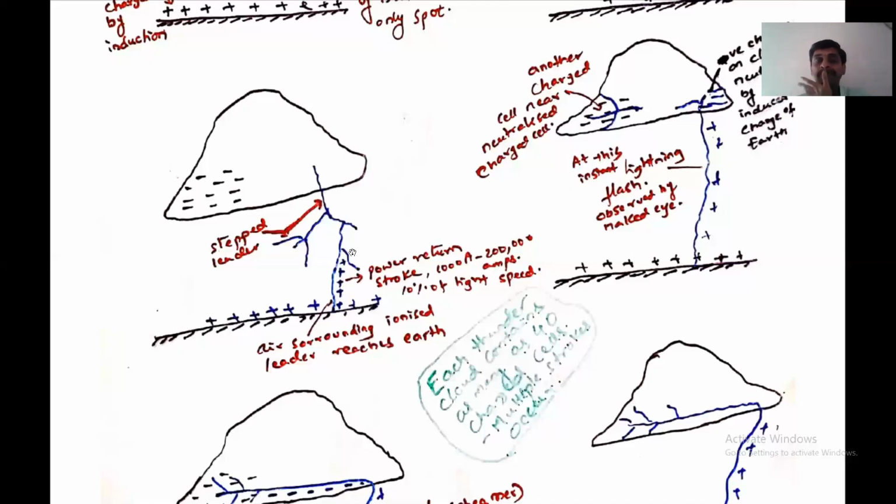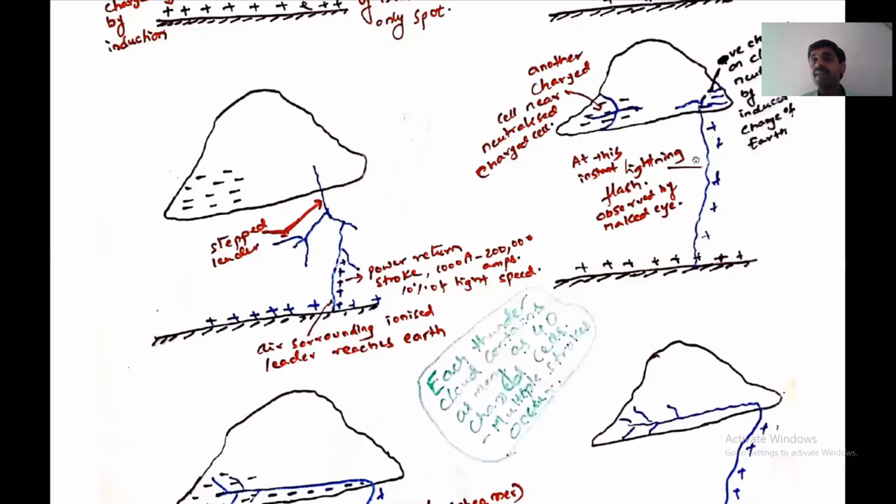This negative charge is neutralized, and through the same path, where a puncture is already created, the positive charges move upward. This is called the power stroke, which has 1000 amperes and moves at about 10% of the speed of light.